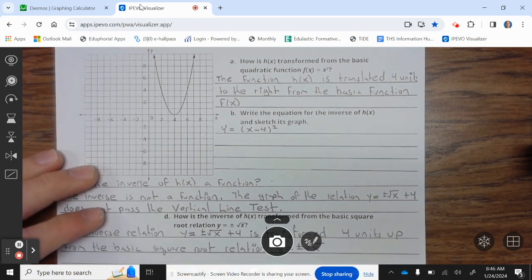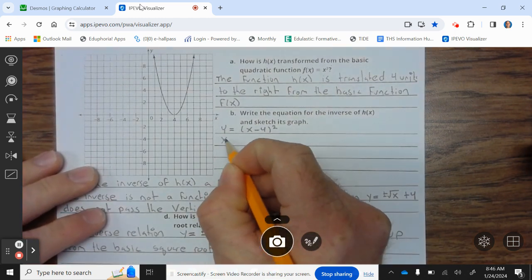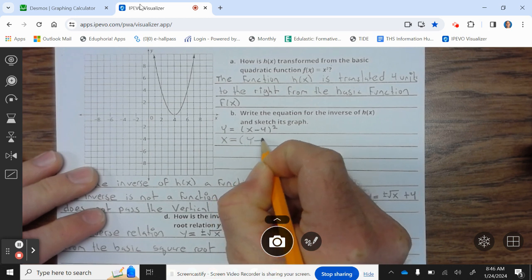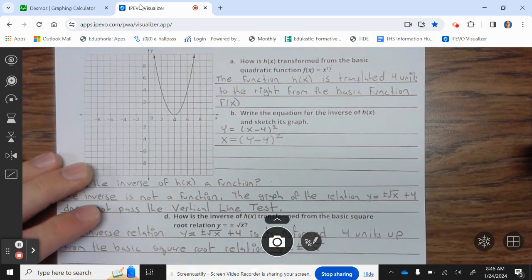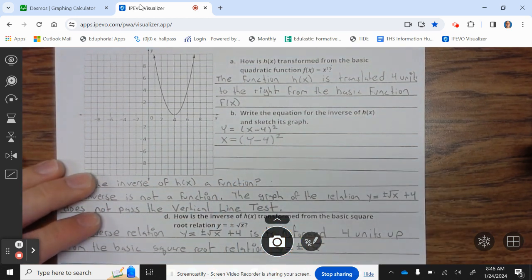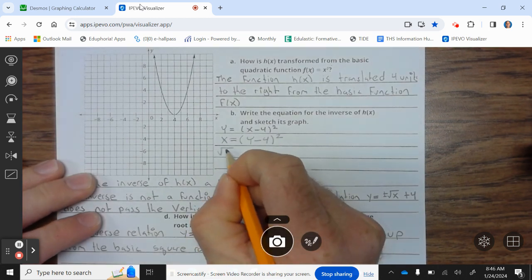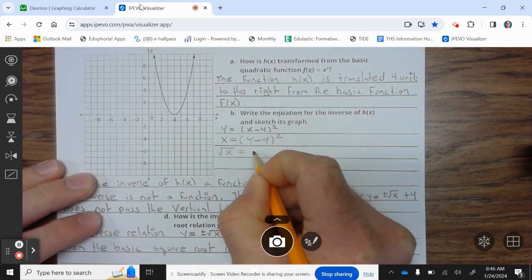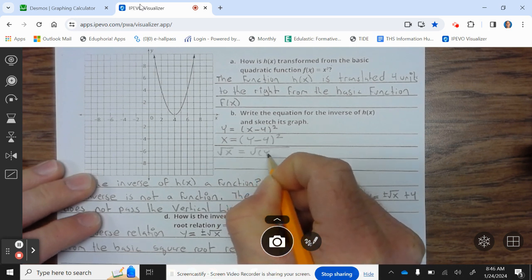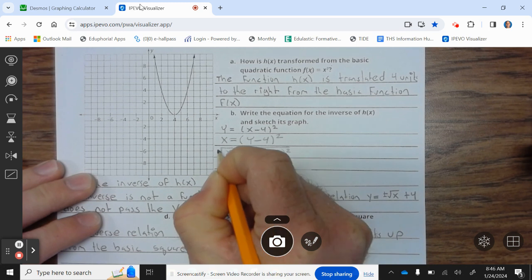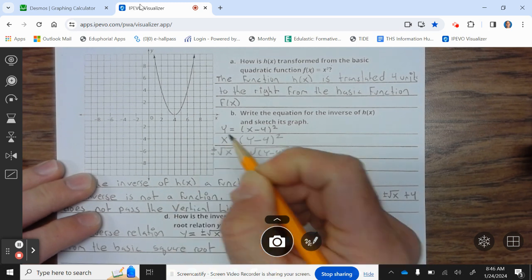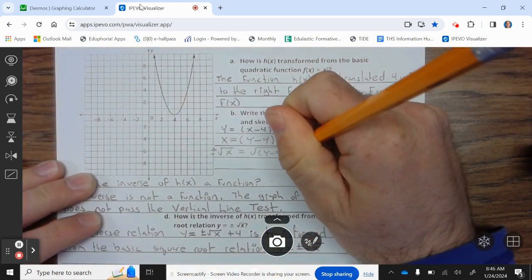Okay, so first step, we switch x and y. So x equals y minus 4 squared. Next step is we take the square root of both sides. Remember, square root is plus or minus. Square root cancels the squared.